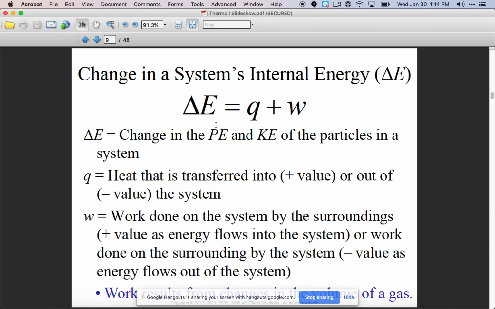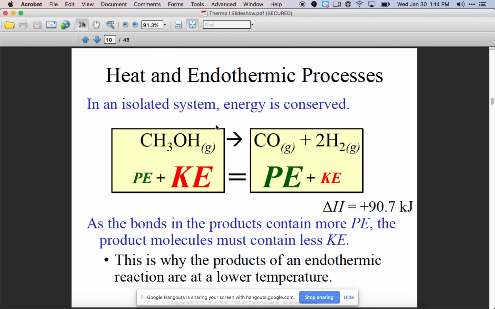With work, if it's a negative value, the energy is going outside of the system into the surroundings, okay? And I know you can't see that. Well, maybe you can see that at the bottom. It says that work is due to changes in volume of a gas. Can you see that? No. Okay, all right. Sorry, it's kind of grayed out with my screen.